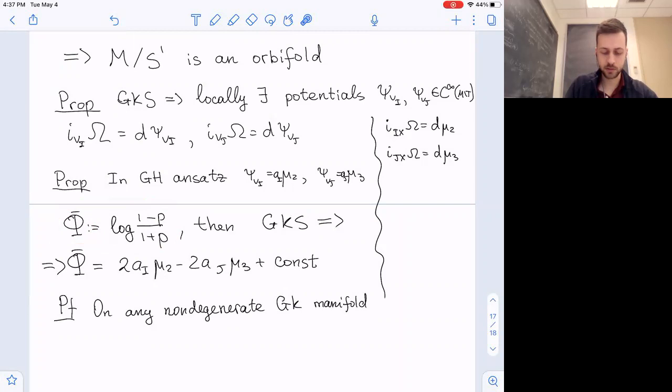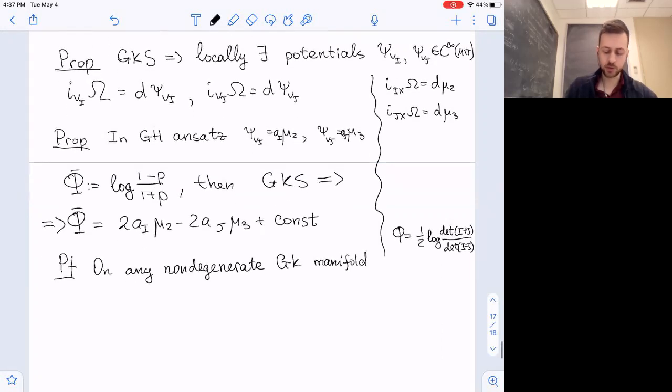You can change the right hand side so it will make sense in any dimension. Basically, you just put it to be log of the determinant of I plus J over the determinant of I minus J. So on any non-degenerate scalar manifold, there is an identity that if you hook the difference of Lie vector fields into omega, then you'll get d phi.